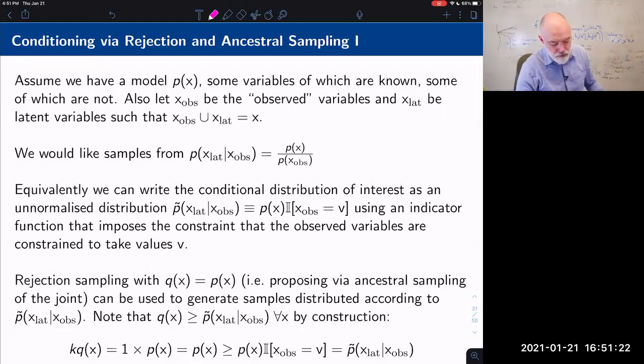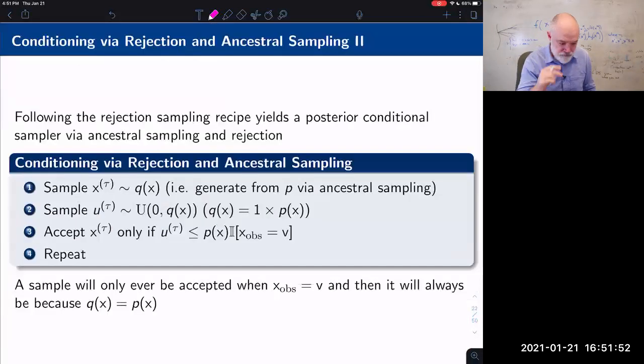Note that by construction, this Q that we've chosen is always greater than the unnormalized conditional probability of interest, because Q of x is 1 times P of x, which is greater than or equal to P of x times some indicator function, which is 0 or 1. It's equal when x obs equals V and 0 otherwise, so it's greater than. And that is the posterior distribution of interest.